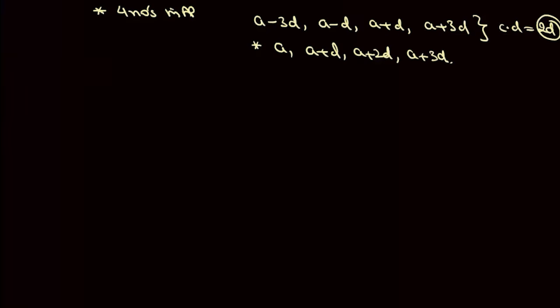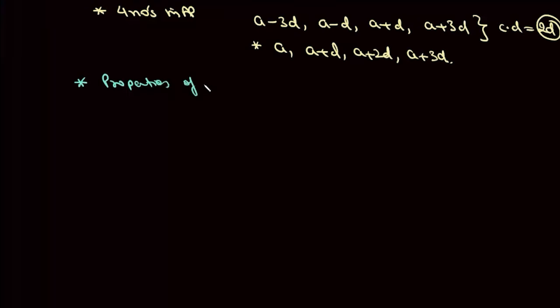Now there are some properties of an AP. If A1, A2, A3, ..., An are in AP with common difference D, then adding or subtracting the same number to all the terms, it will still be an AP.